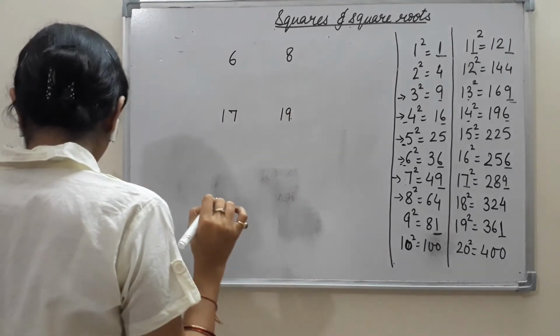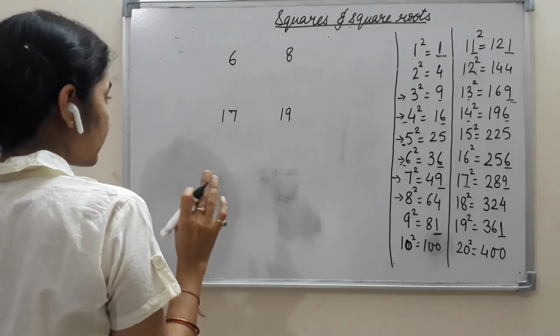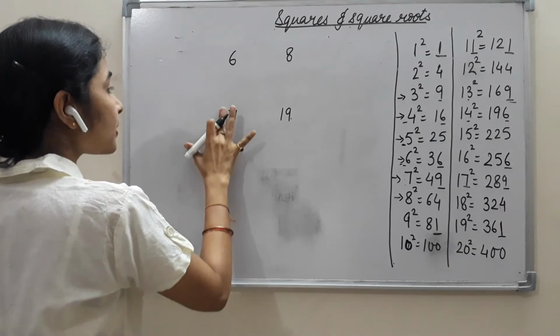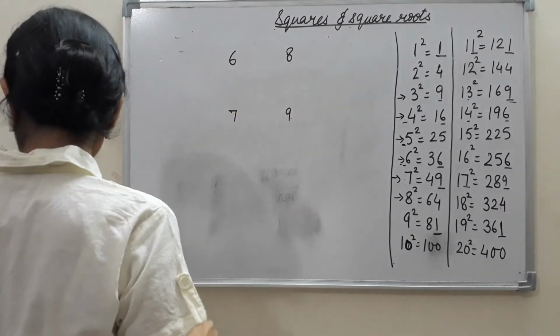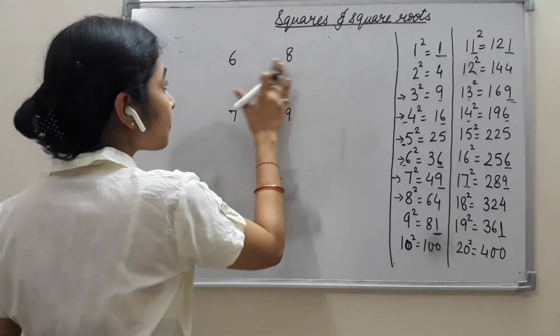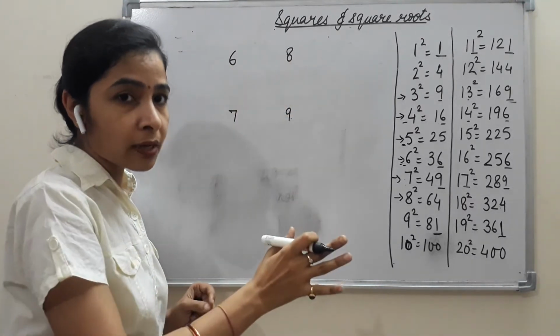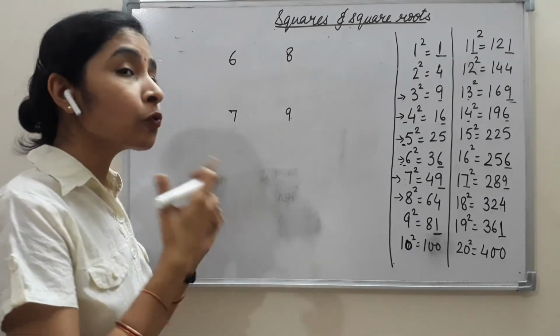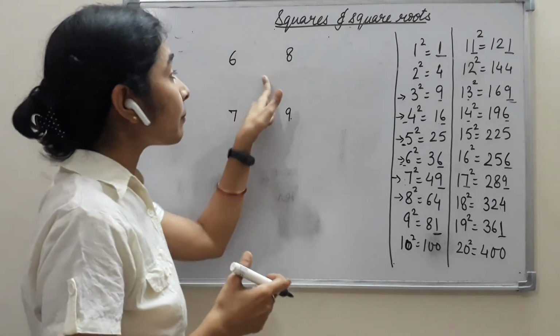Now what is the thing between them? Let us take small numbers. 7 and 9 will be better here because we need to multiply them. Whenever we take the product of these two numbers and add 1 to it, it gives the square of the middle number.